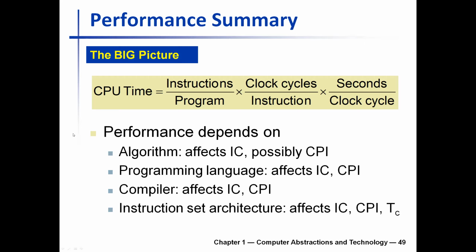So the performance is going to depend on your algorithm, the programming language you use and the source code that you write, the compiler that you use and what sort of optimization the compiler performs, and the ISA used in your particular system, and the hardware that is based on this ISA.